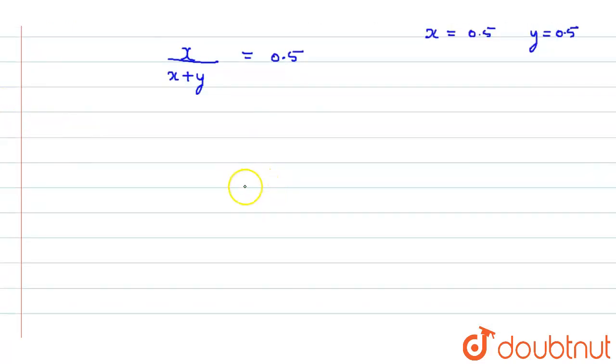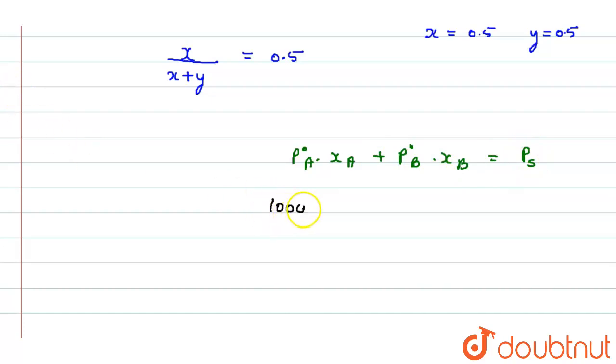So we can get P naught A into XA plus P naught B into XB is equal to pressure total. P naught A we got just now, it is 1000.